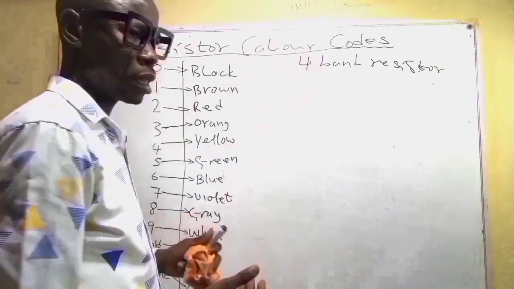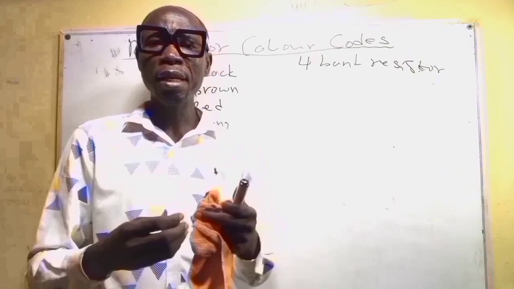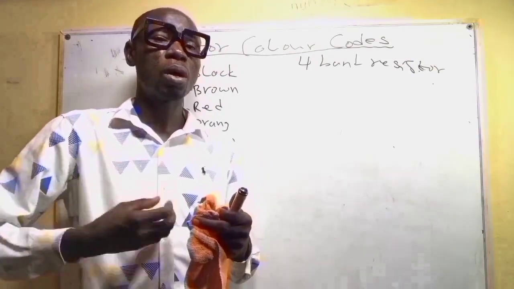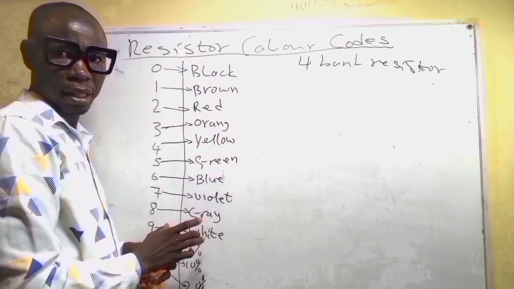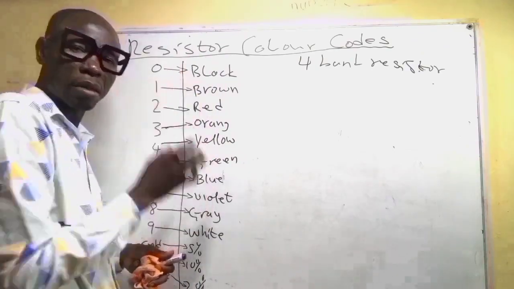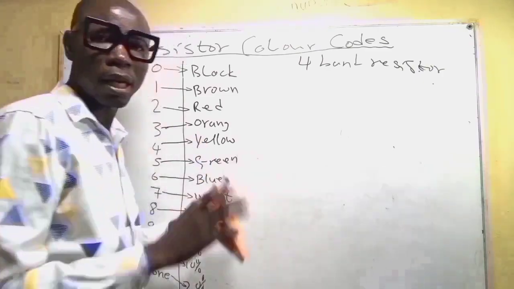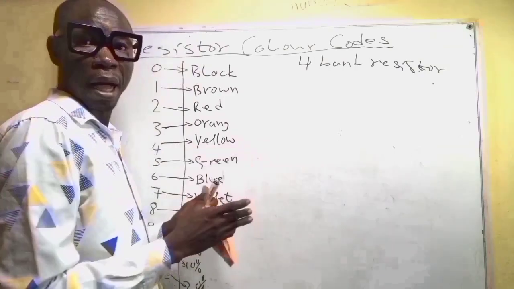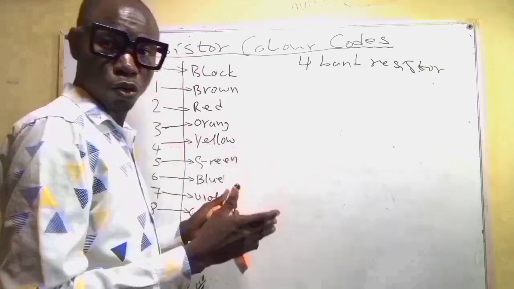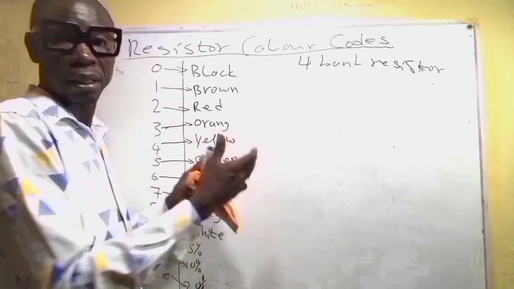Resistor color codes, as I said: to know the resistance in a resistor which has a color code on it, you must understand this chart. So keep this chart firmly in your head, so that if you come across any coded resistor, or any number with ohms or any resistor value, you know what the colors mean.